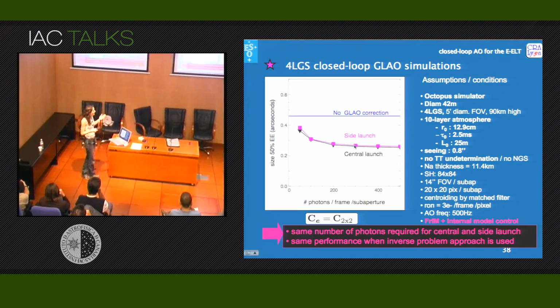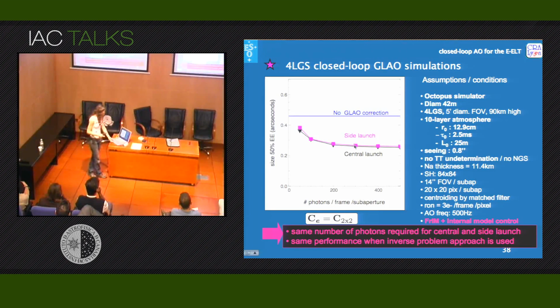So, in conclusion, I tried to show you some of the difficulties and the challenges of the European ELT adaptive optics systems. And I've presented what I've been working on, which is trying to obtain a good model of the wavefront reconstruction using an inverse problem approach.